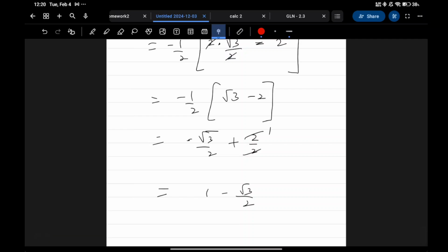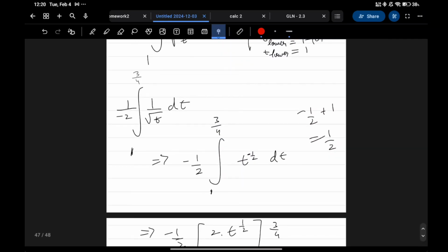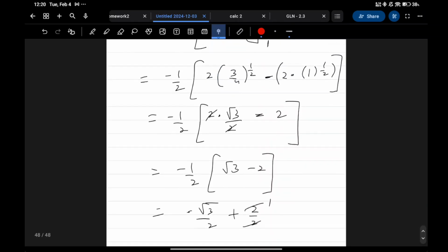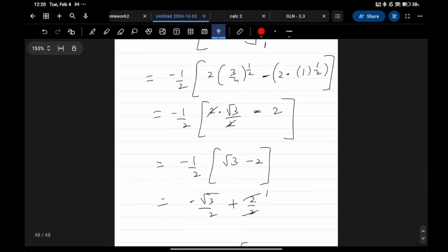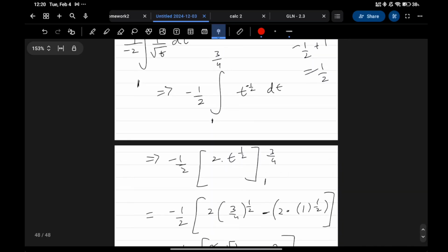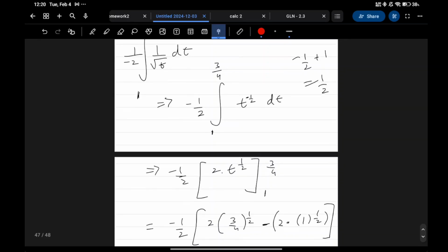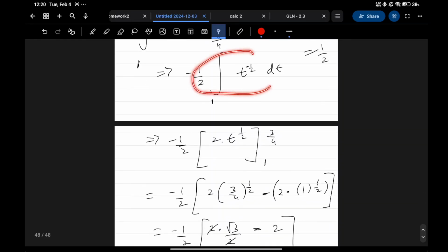Yep. When you got t raised to 1 over 2 divided by 1 over 2, how'd you get 2 times t raised to 1 over 2 after that? Are you asking from here to here?